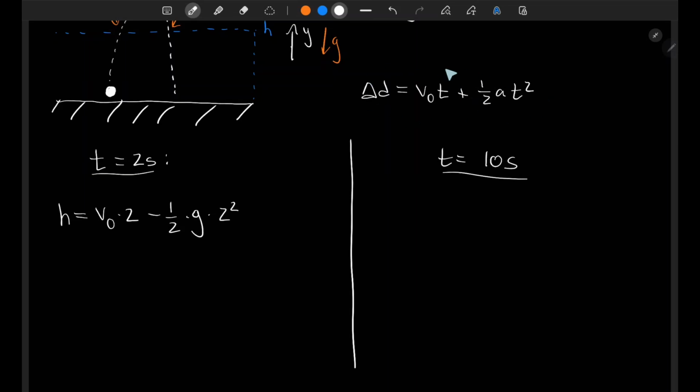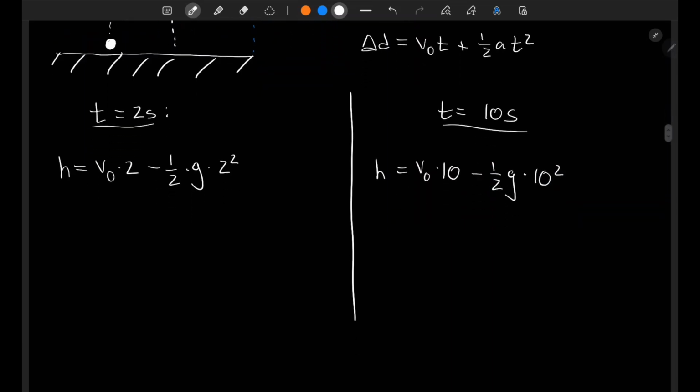I'm just plugging in this formula for t is equal to 2 seconds. Then at t is equal to 10 seconds, the displacement is also h. So h is equal to v naught times 10, minus 1/2 g times 10 squared.